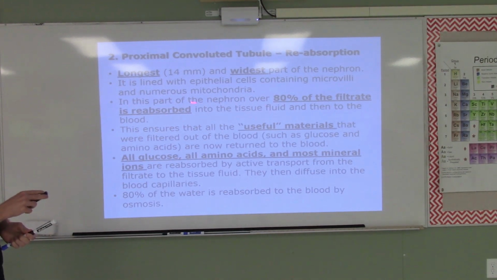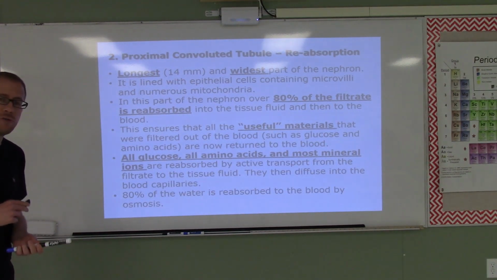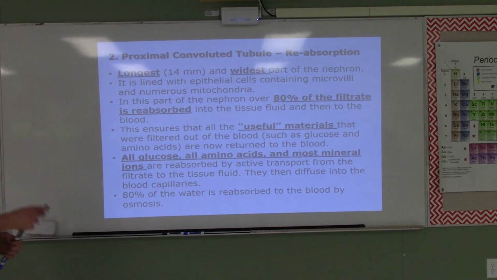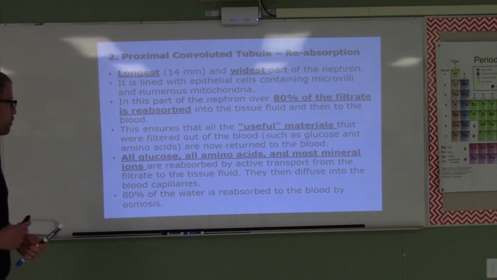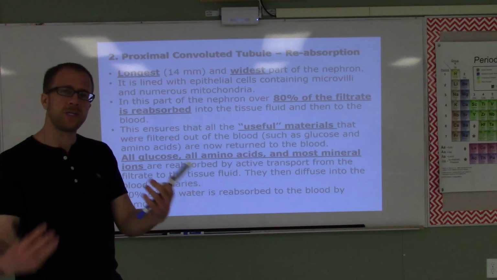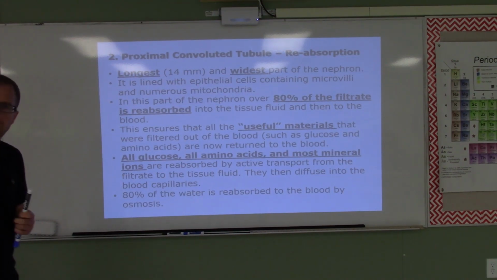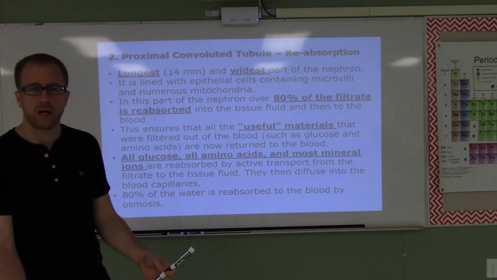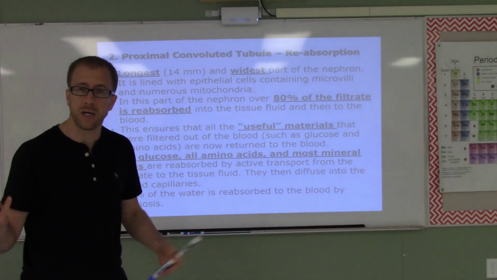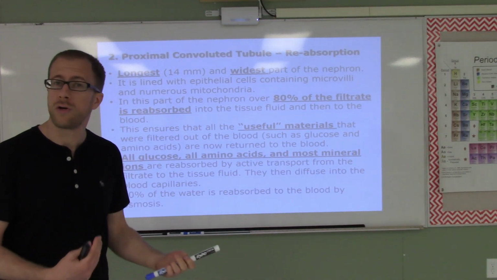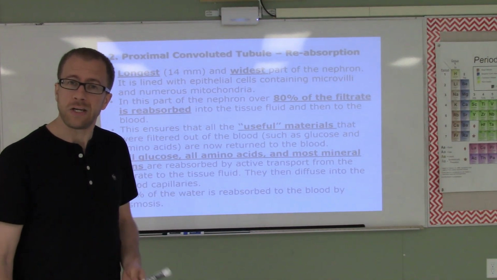Now, in this part of the nephron, over 80% of the filtrate is reabsorbed into the tissues and then into the blood. This ensures that all the useful materials that were filtered out, like glucose and amino acids, can re-enter the bloodstream. Now, all glucose, except in very rare cases like maybe you're diabetic, type 1 or type 2, where you have too much blood sugar and you're going to excrete some of that sugar in your urine.